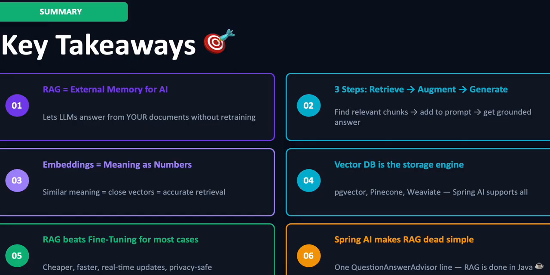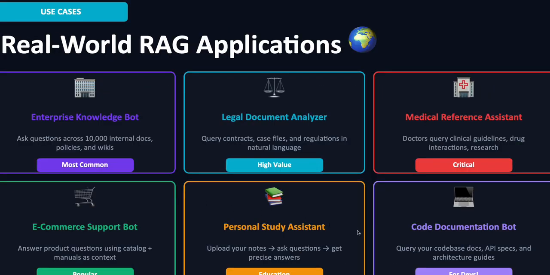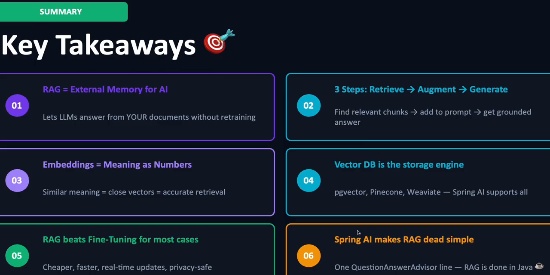Third, embeddings. Embeddings are meaning as numbers. Similar meaning equals similar numbers equals accurate retrieval. 4. Vector databases are the storage engine.